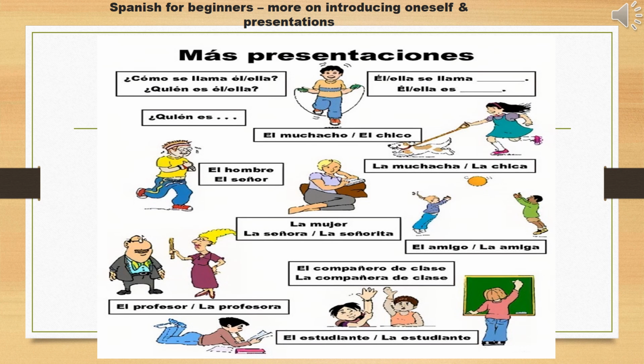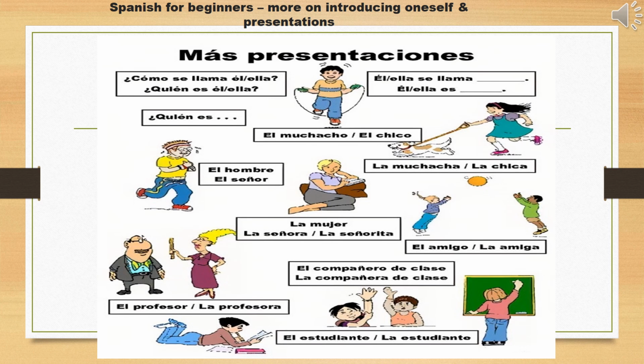The only difference is going to be the definite article, because if it is masculine, you say el estudiante. You remember always to join el estudiante, and if it is the girl, you say la estudiante.